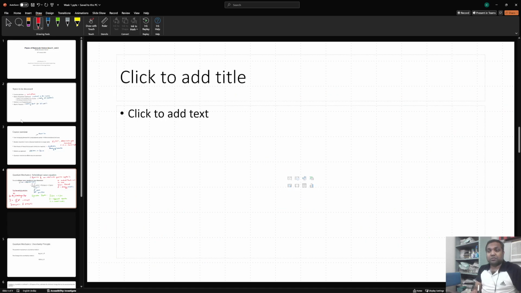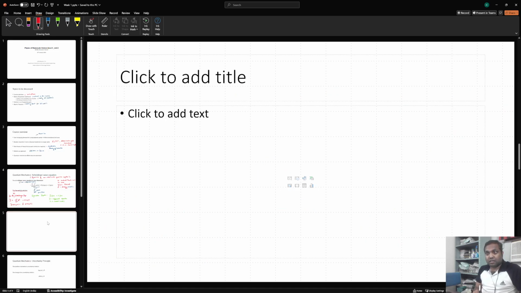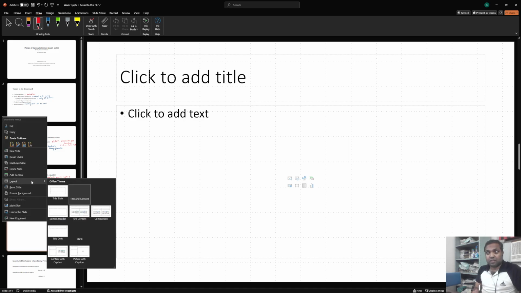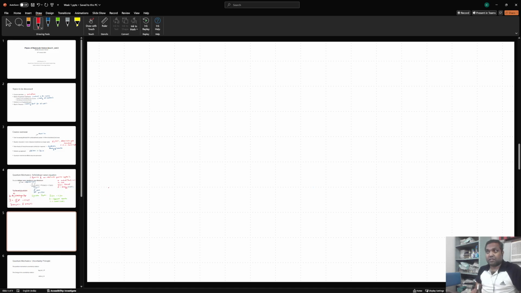Let me insert a new blank slide. So now we are looking at the free particle solution.